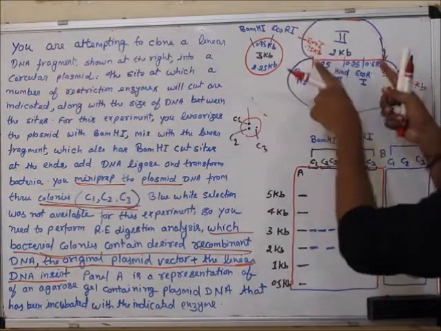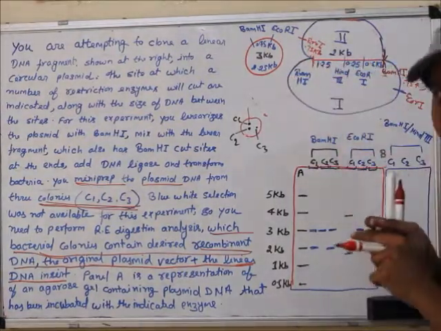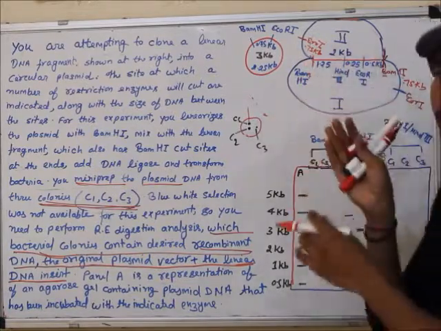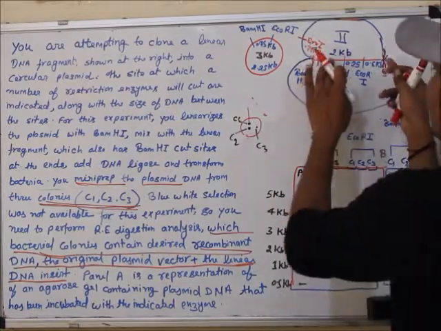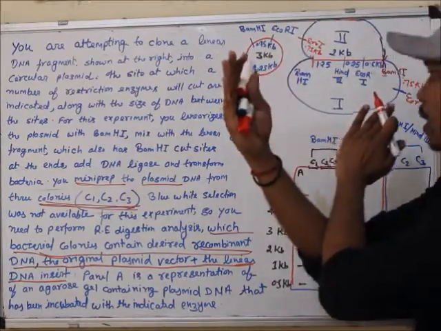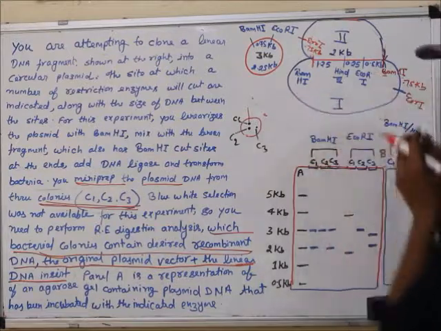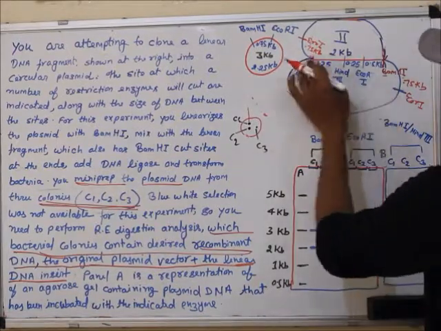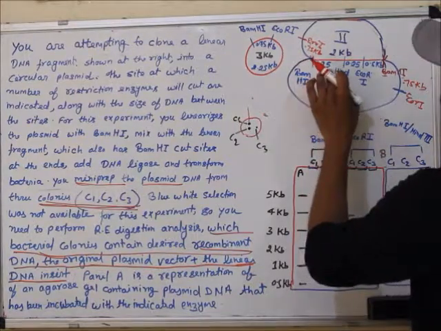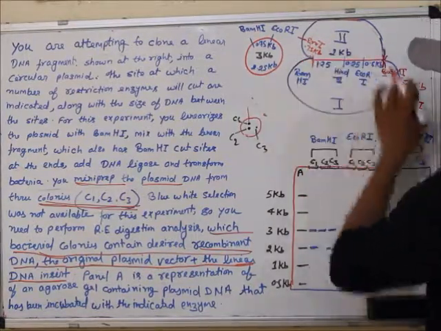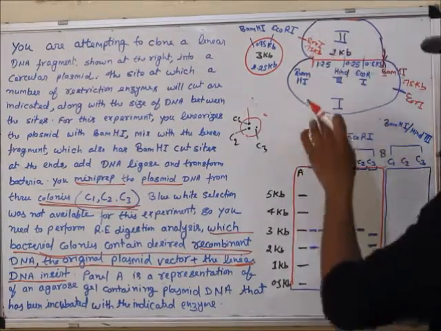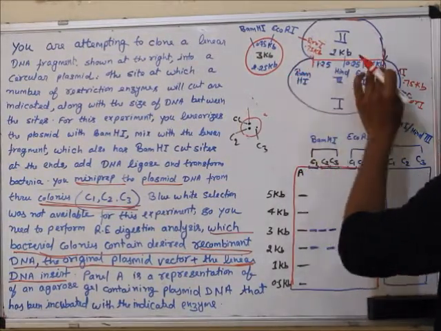Because there is a probability that the DNA fragment would be attached in either orientation. It may be attached the same as this, or it may be inverted and attached to the plasmid. If inverse attachment occurs, then the direction would change. 1.25 is in the clockwise direction, and if attachment is anticlockwise, then the 1.25 direction would be here.